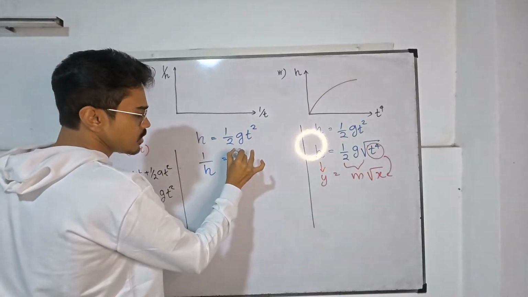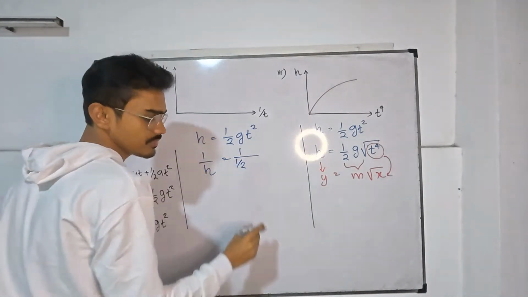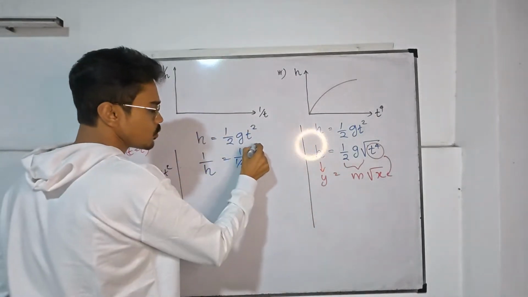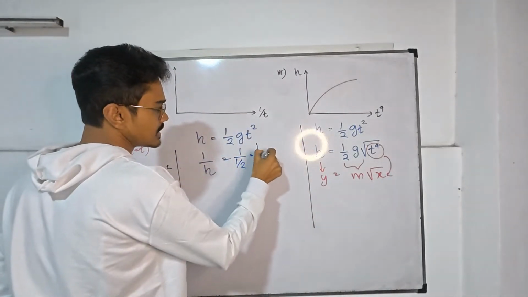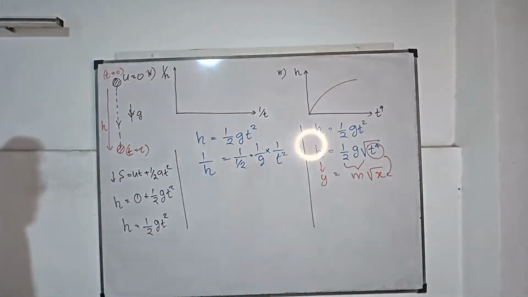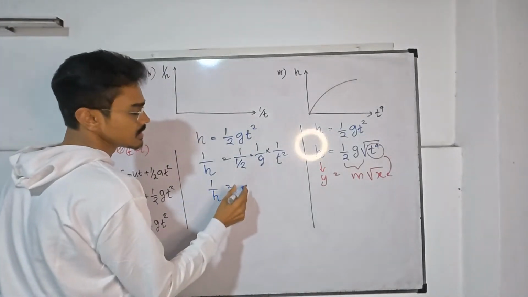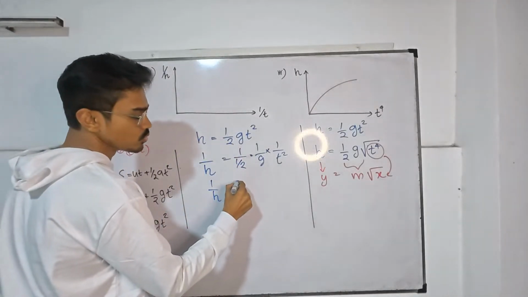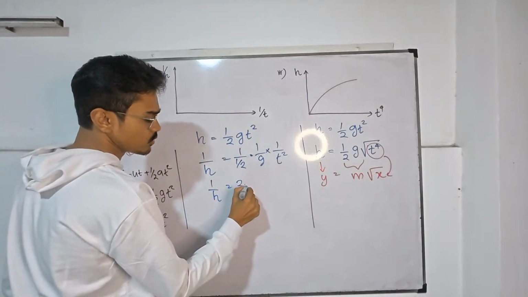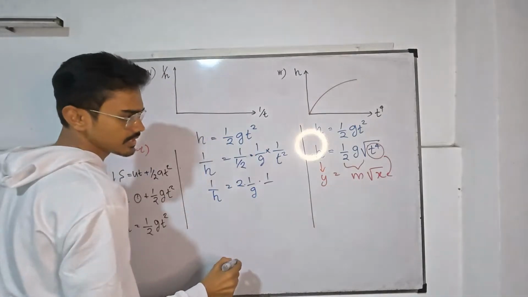So this is 1 over half, and this term will be 1 over g, and this will be 1 over t squared. Same, no? I have put both sides 1 over. Then if I simplify this, 1 over h equals 1 over half is 2, and this is 1 over g. Then 2 times 1 over g, and here 1 over t squared.